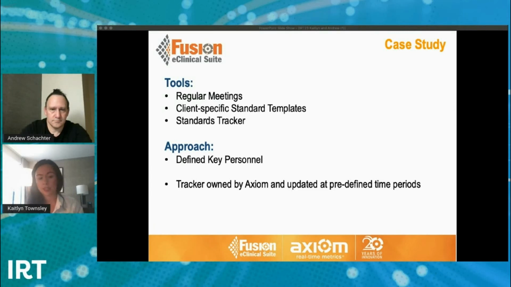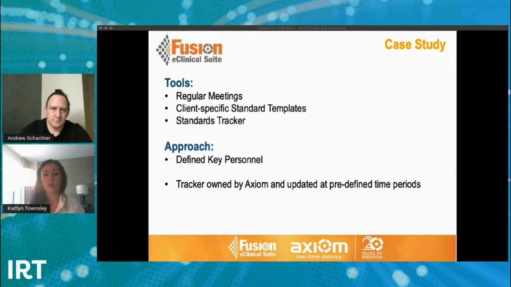From developing the standards, it was decided in this example that Axiom would be the owner of tracking the standards. So tracking the overall standards and then also ensuring that each study matched those standards. And then figuring out the predefined time periods when we're updating those.